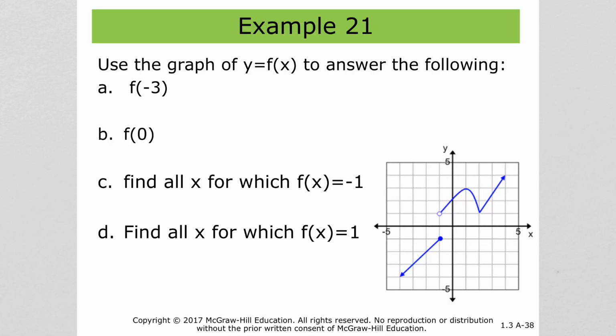And the last concept, we're just looking at this piecewise function and want to answer some questions about it. So the first one, it says find f of negative 3. Well, that's the y value where x is negative 3. So x is negative 3 right here. And so the y value there is negative 3.